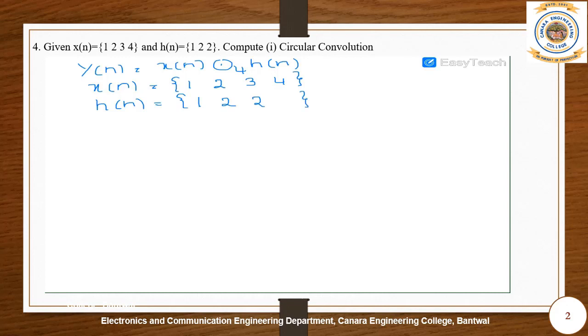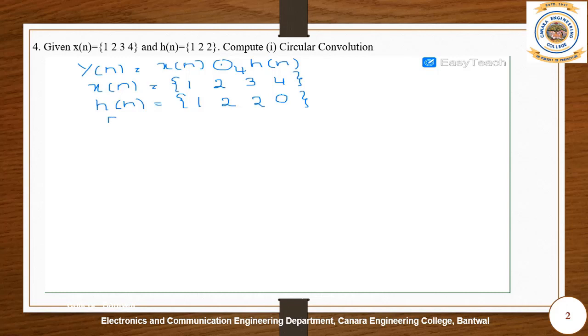Since x of n is a sequence of 4 values, we need to make h of n also a sequence of 4 values. Let me do it by padding with 0.